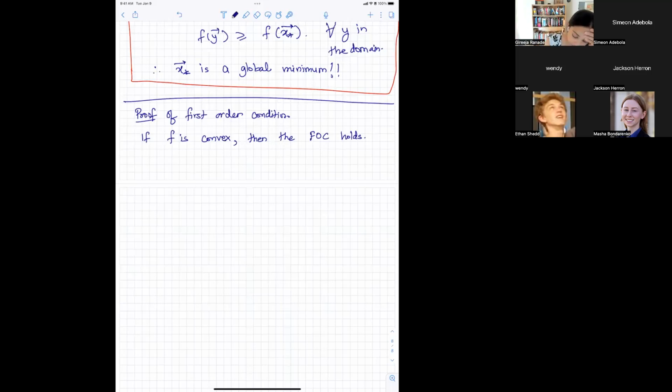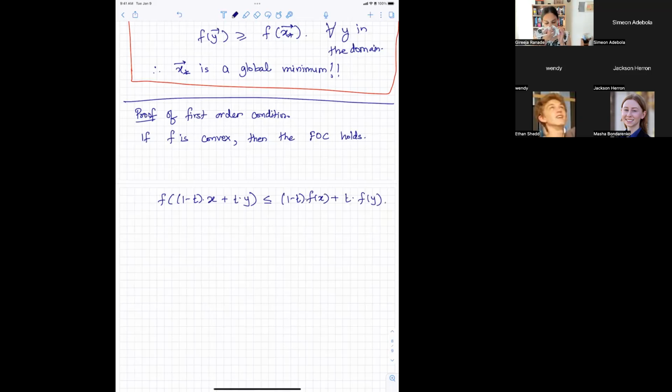So I know that f of 1 minus t times x plus t times y is less than or equal to 1 minus t times f of x plus t times f of y, right?